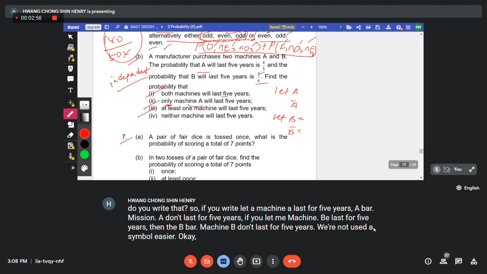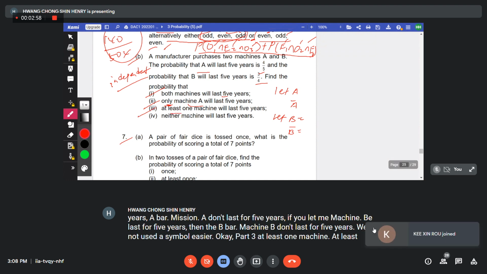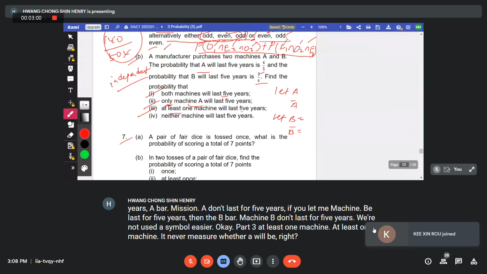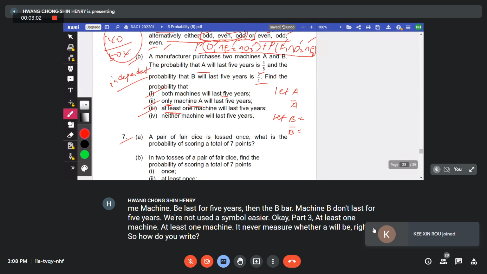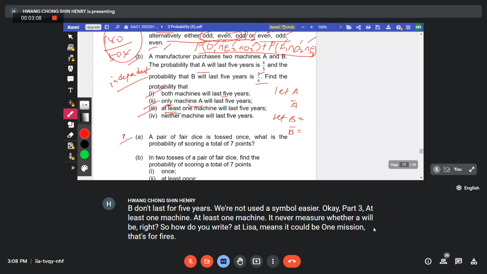Okay, part 3, at least one machine. At least one machine. It never mentioned whether A or B, right? So how do you write? At least means it could be one machine lasts for 5 years, or both machines also last for 5 years. So how do you write?